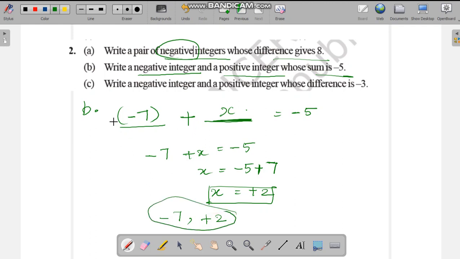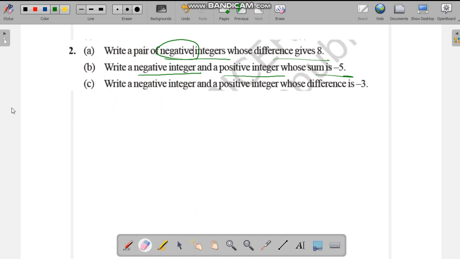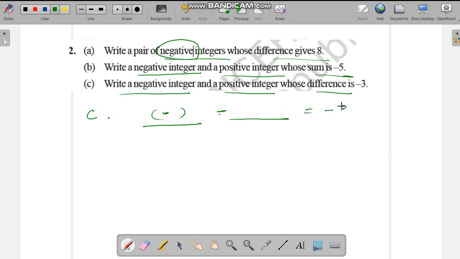So let us go to the next sum, that is part C. The C part is just a similar question like part B, where write a negative integer and a positive integer whose difference is -3. That means we need a negative integer and a positive integer, and the difference should be -3.